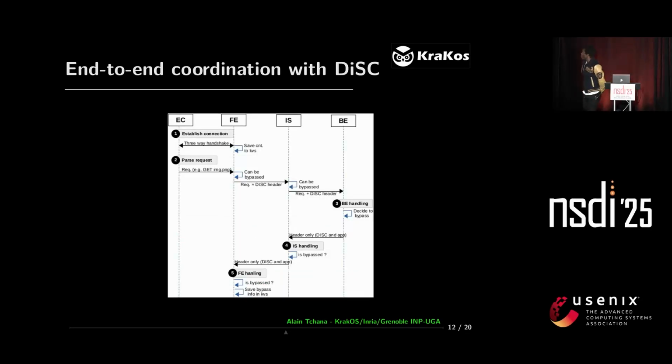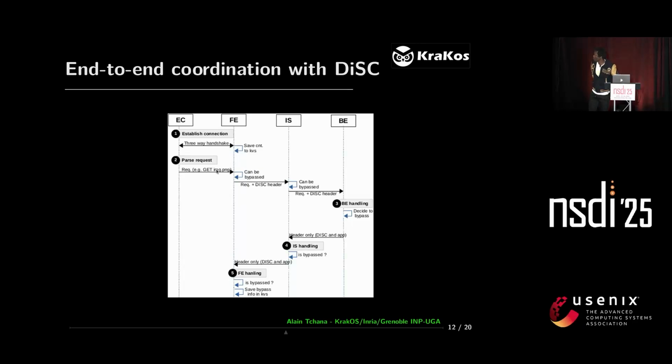So this is the workflow, how our system works. First of all, when the external client establishes a connection with the front end, we save the connection identifier into a key-value store inside a BPF map, inside the kernel.